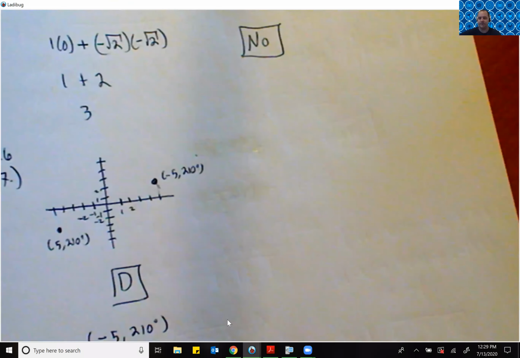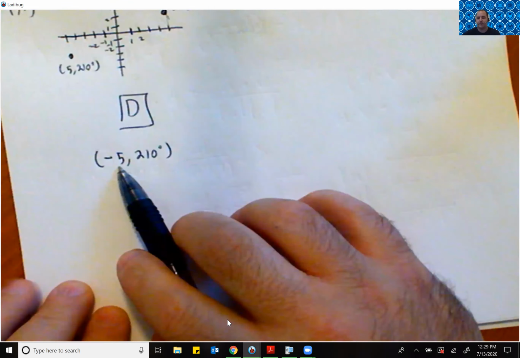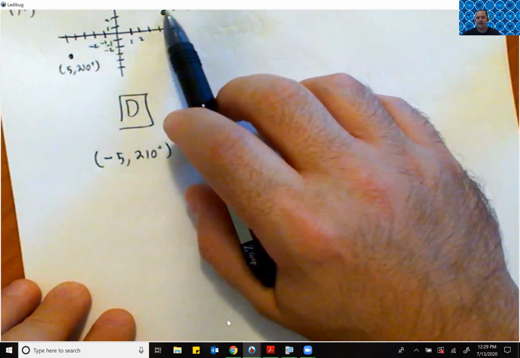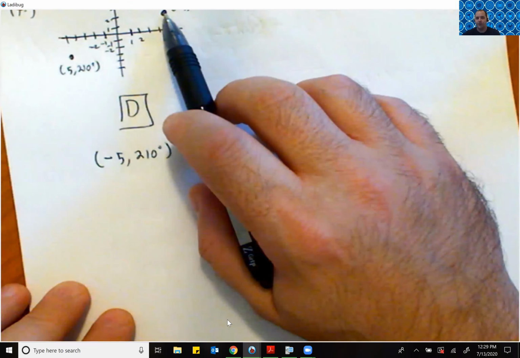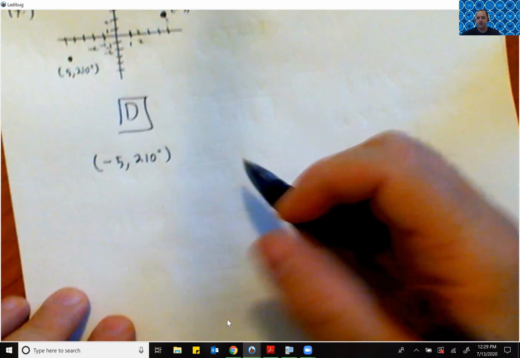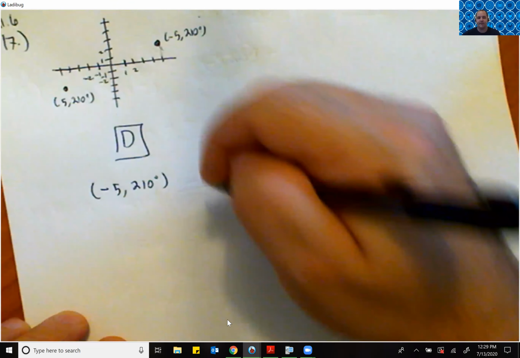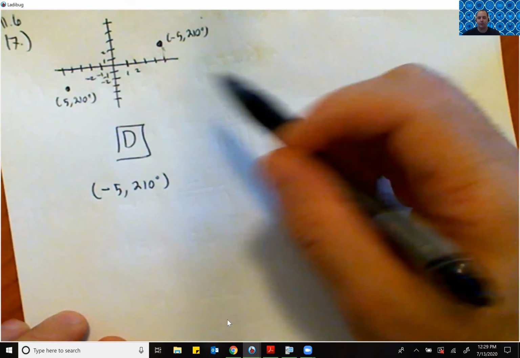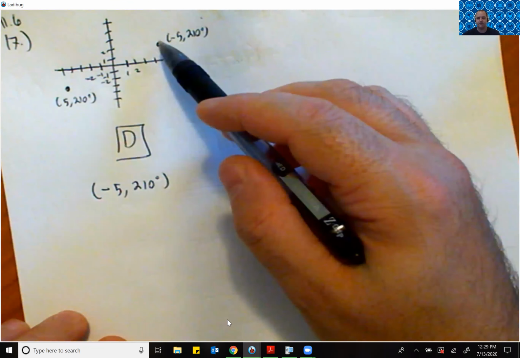Sorry if my brain is a little scattered right now. So we can talk about being coterminal to this, which means that we can end up right back at the spot if we go around 360 degrees. So we can add 360 degrees to this, and we can subtract 360 degrees to this, and end up at a spot right where we want it to be at. Okay?